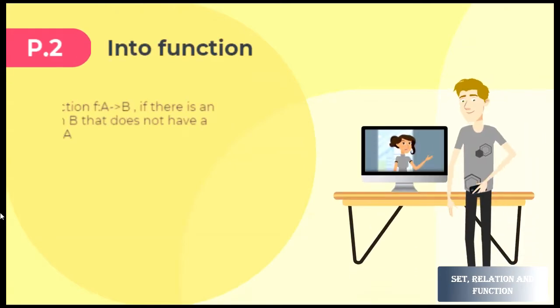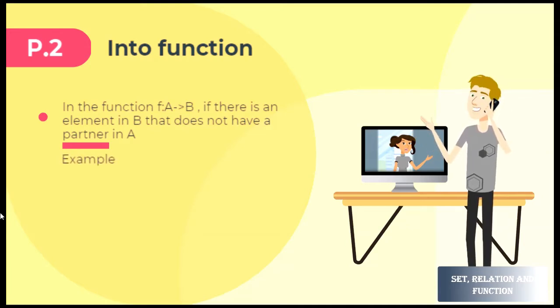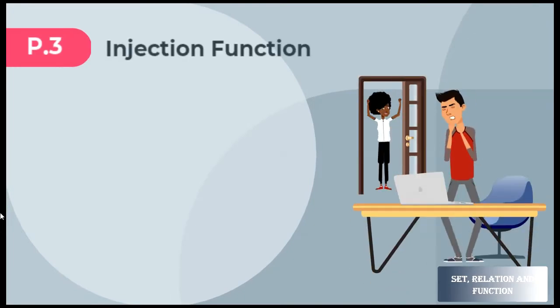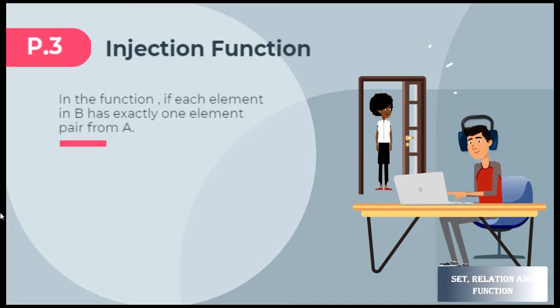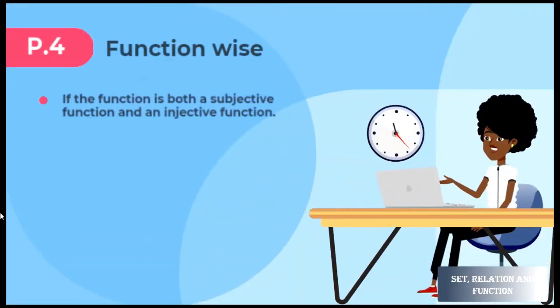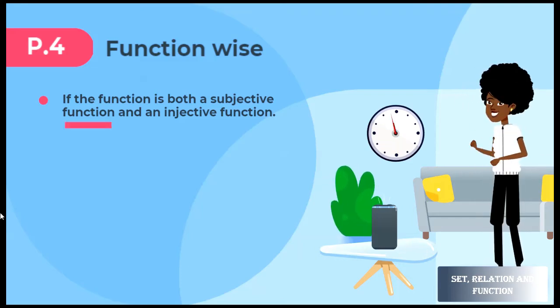Into function: in a function f from A to B, if there is an element in B that does not have a partner in A. Injective function: in a function f from A to B, if each element in B is paired with exactly one element from A. And the last one, the bijective function: if the function f from A to B is both a surjective function and an injective function.